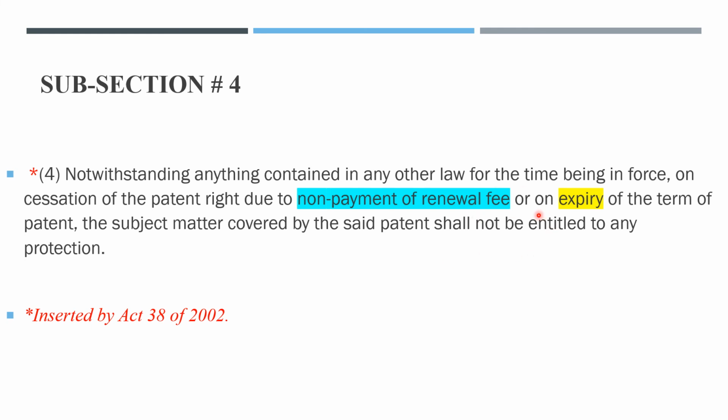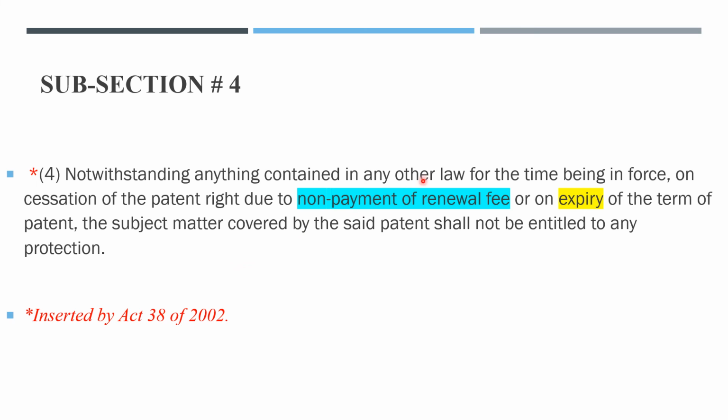But here you can see the operators as well. Due to non-payment of renewal fee, this is one condition, or on expiry of the term of the patent. That means if the term of the patent is expired, then the subject matter covered by the said patent shall not be entitled to any protection.